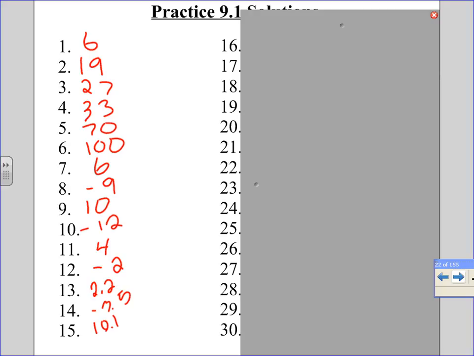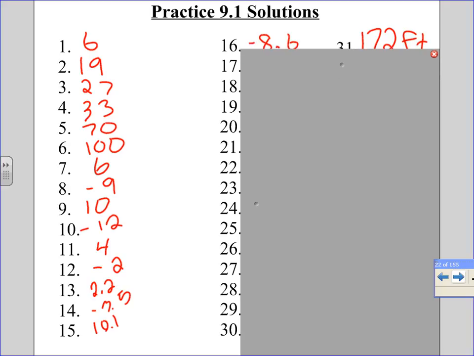Good, 10.1. Number 16, Alyssa. Good, Donatus, 17. Good, 39.8. 18, Mary. Good, 5.3.